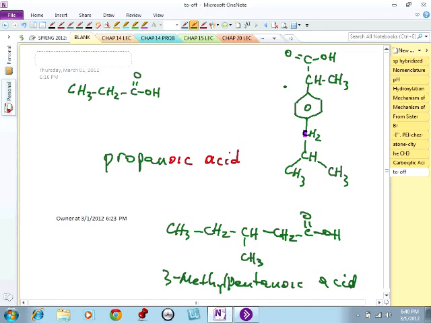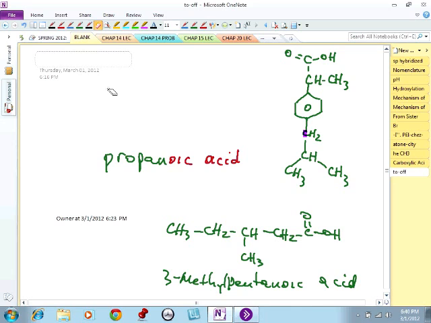Now, supposing I tell you to name this molecule, ibuprofen. What is the longest carbon chain that contains the carboxyl group? How many? 3, exactly.